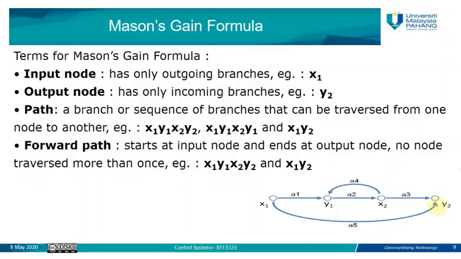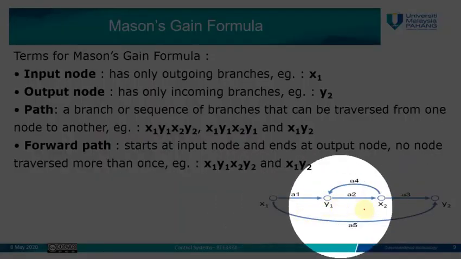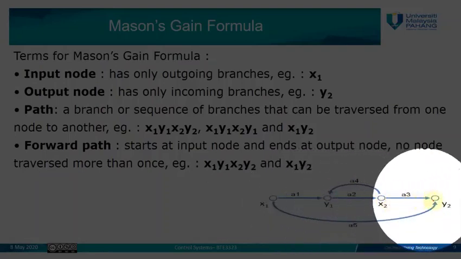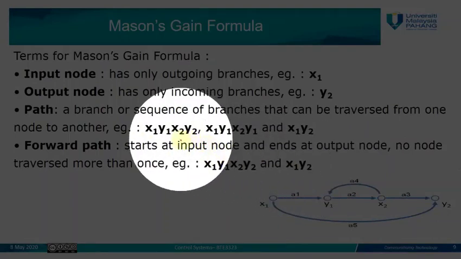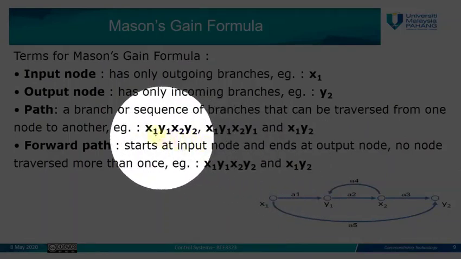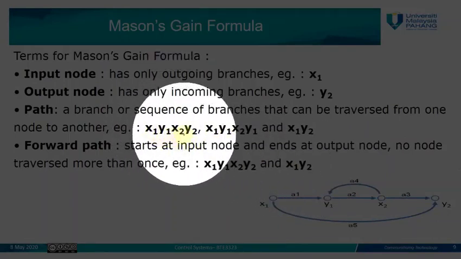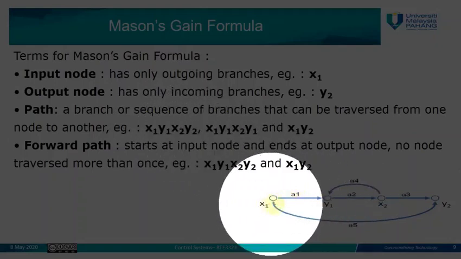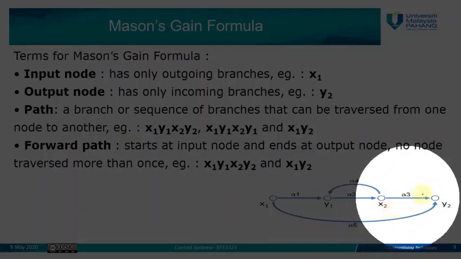We also have a path. A path is a sequence of branches from one node to another node to show the direction of the signal. So for example here, the first path in this signal flow graph goes from X1 through Y1, X2, Y2. We call it the path X1, Y1, X2, Y2.